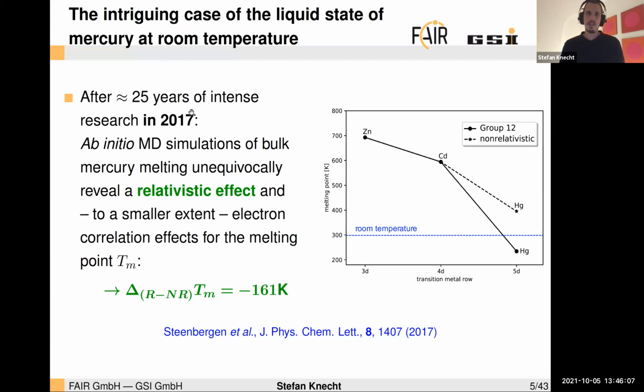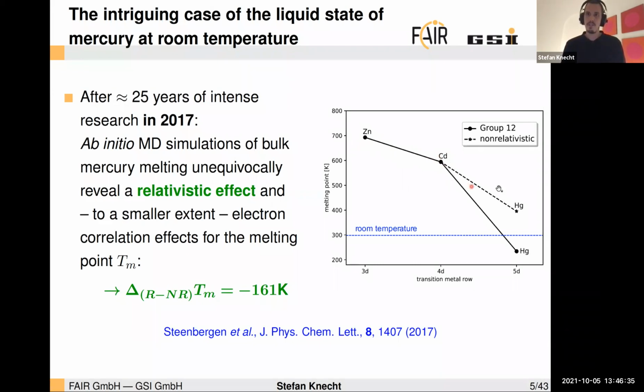The liquid state of mercury is essentially a relativistic effect, and only to a small extent an electron correlation effect. If you look at the melting point of mercury and across group 12, you can see that zinc and cadmium melt at much higher temperatures.